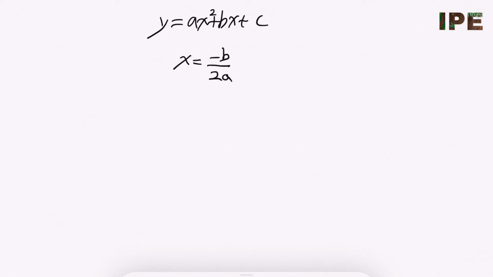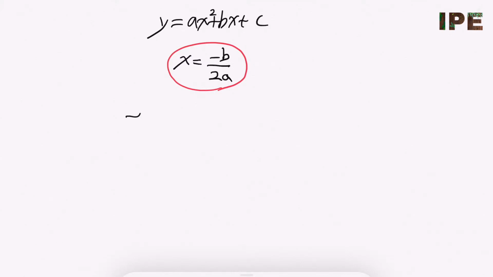This is one of the most important formulas you have to memorize. x equals negative b over 2a. This represents the x coordinate of the vertex. How can you find the y coordinate of the vertex? After you find that x coordinate, plug that number into the original function for x to find the y value. It's not hard at all, right?